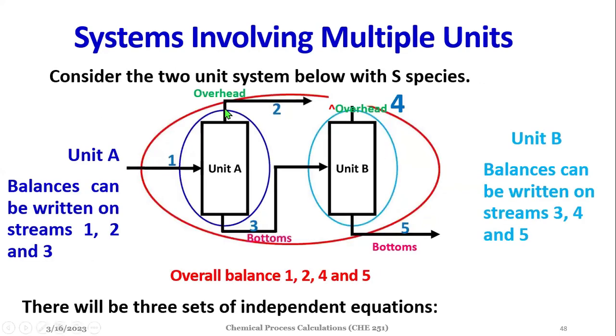So what we are saying is that if we should take the balance around unit A, and maybe we have 2 components, maybe once again salt and then water, it means that we can get 2 equations that we would use for unit A. Then the same salt and water would give us 2 equations for unit B. And then the same salt and water will give us 2 equations for the overall.